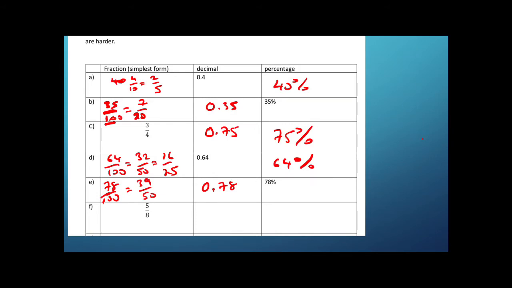Now 5/8 is a fraction that I think we just need to learn how to do. So our 1/8 is 0.125.